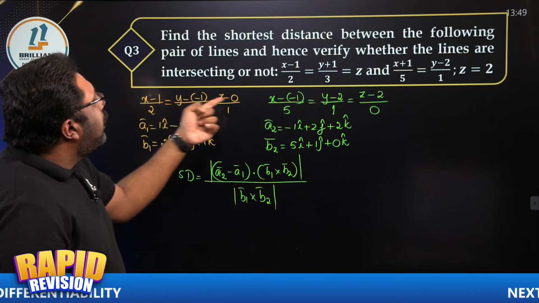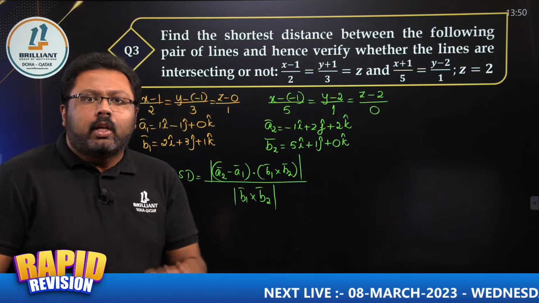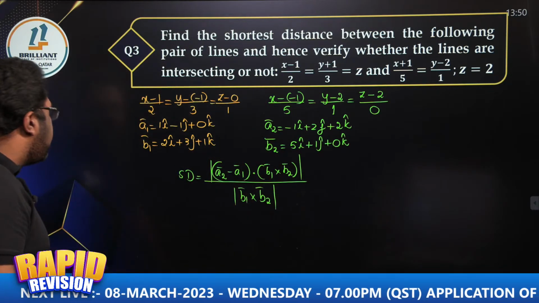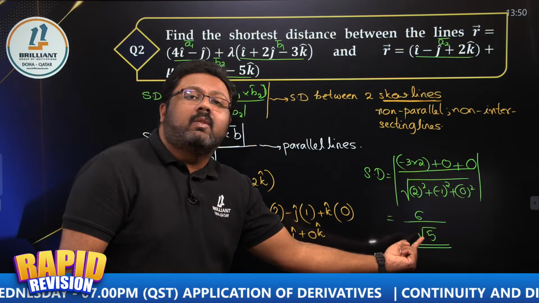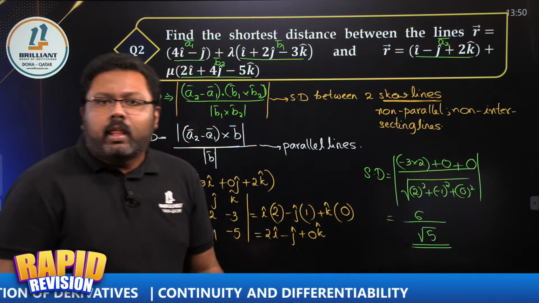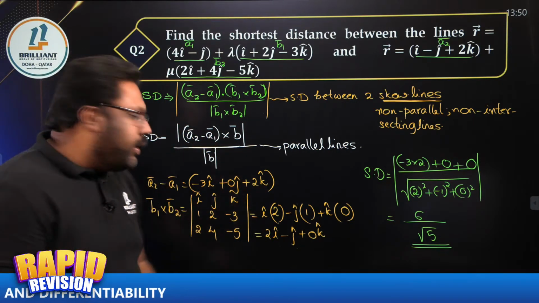Now they're asking, hence verify whether the lines are intersecting. You just have to write one last statement for it. Look at the previous question. You got the shortest distance as a non-zero value. If the shortest distance is a non-zero value, that means there is a distance between the two lines, so they are not intersecting.